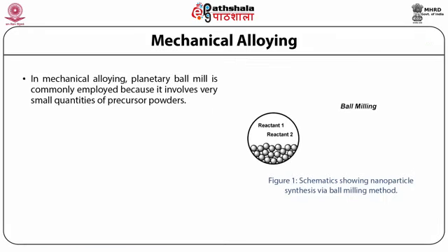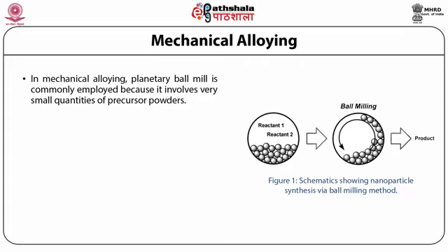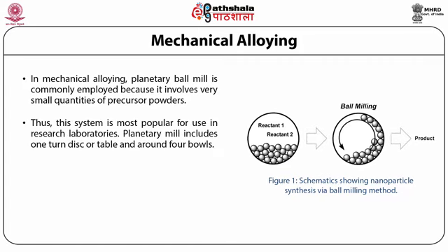In mechanical alloying, planetary ball mill is commonly employed because it involves very small quantities of precursor powders. Thus, this system is most popular for use in research laboratories.